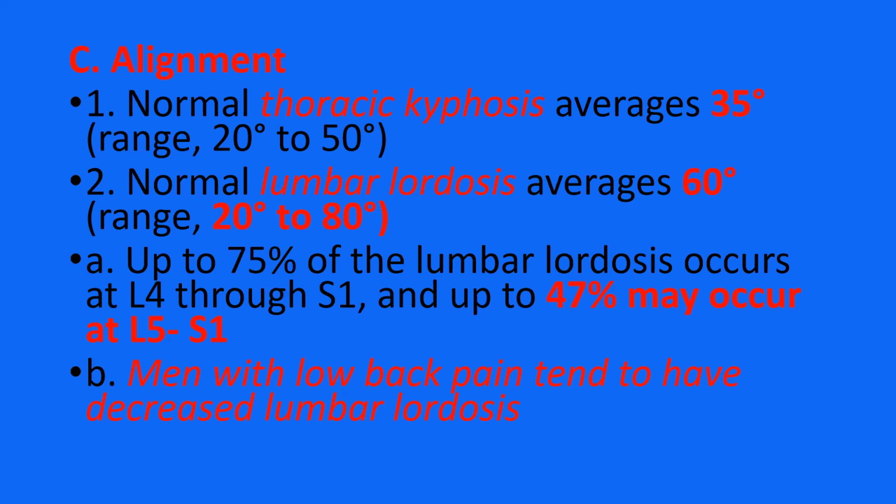So if you're asked at what level the lordosis in the lumbar spine is greatest, you tell them L4 through S1. If you want to know which portion, it's mainly L5-S1. Men with low back pain tend to have decreased lumbar lordosis.